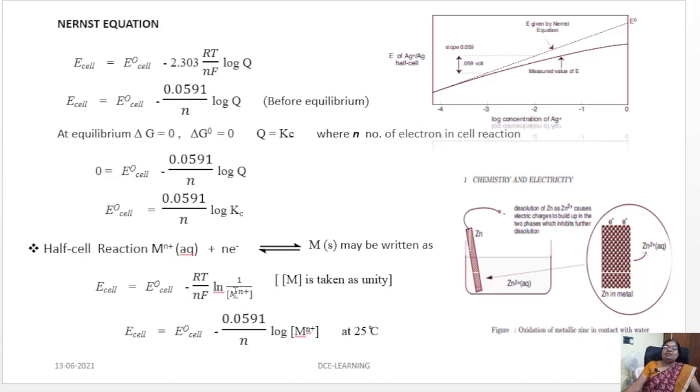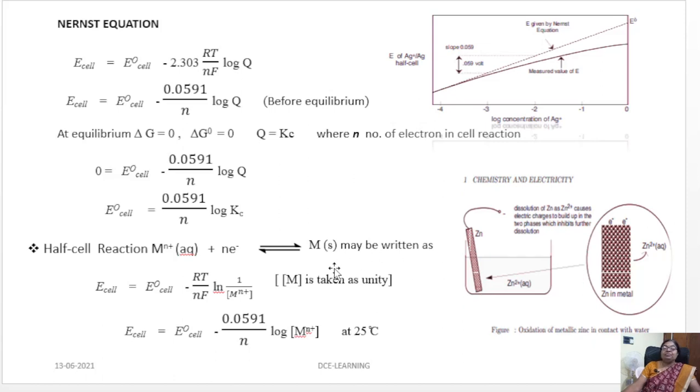If an half-cell reaction is Mn+ in aqueous solution, such as zinc, that will accept electrons and get deposited on the metal. Then M we take as unity. It means it has undergone a reduction.